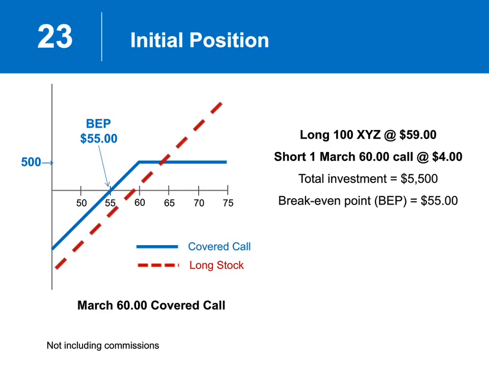So you can see our maximum profit there, that $500 on the left suggests our maximum profit, which we will get into. But the break-even point, so know that break-even point, it's the price of the stock minus the credit we take in for the sale of those calls. So it's 59 minus the $4 takes us to $55, and that's our all-important break-even.